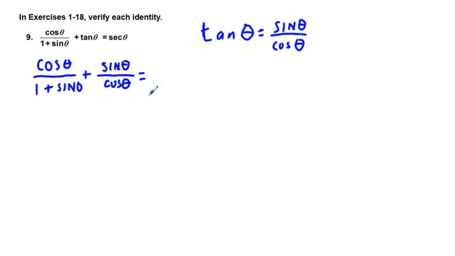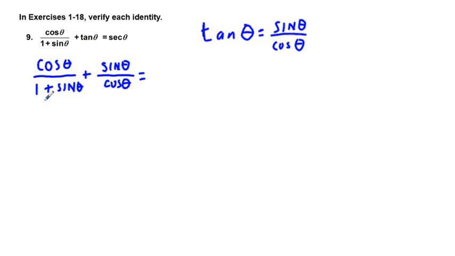What we have here with these two terms is an uncommon denominator, so we're going to create a common denominator by multiplying these two together.